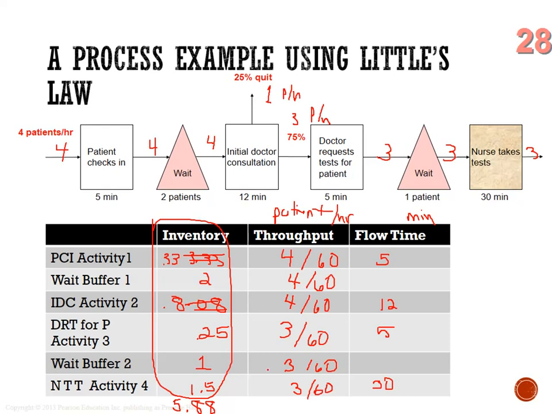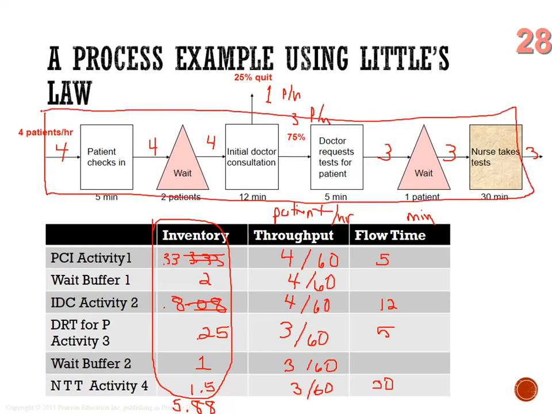Okay? Right? What's my total throughput for this system? So if I were to draw my rectangle, it would look like this. Still be 4, wouldn't it?